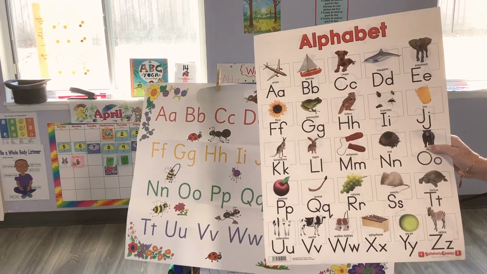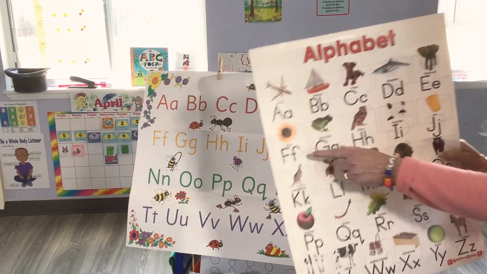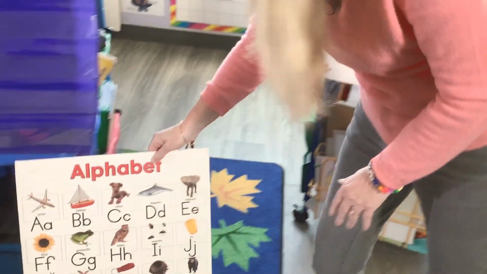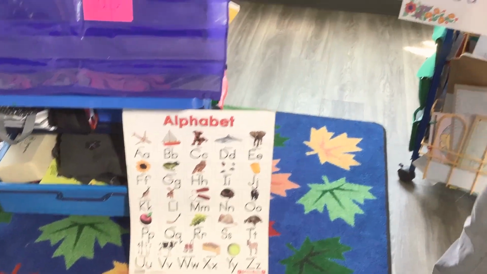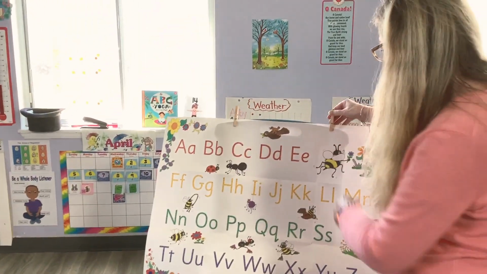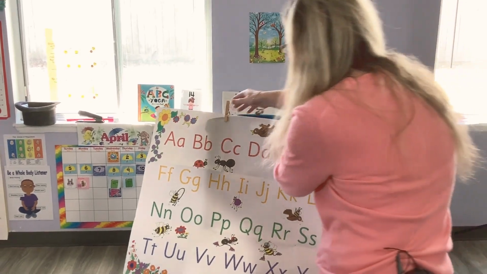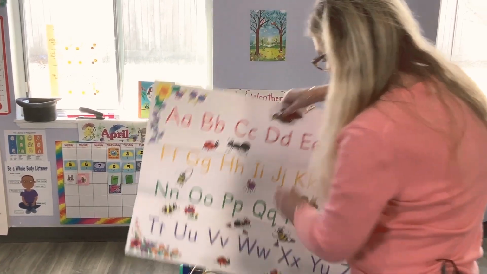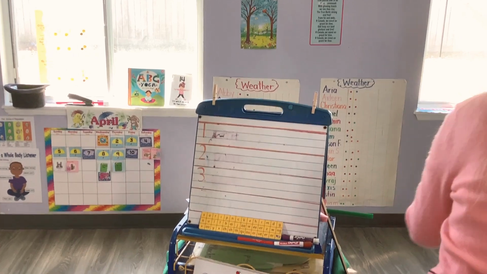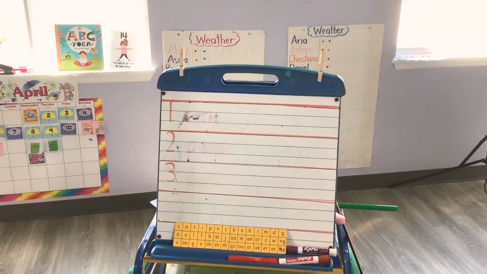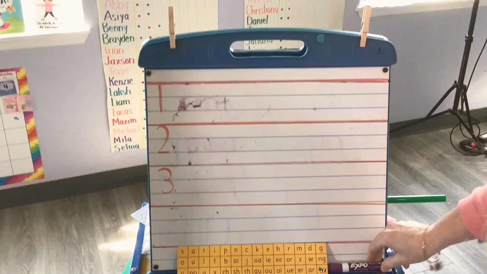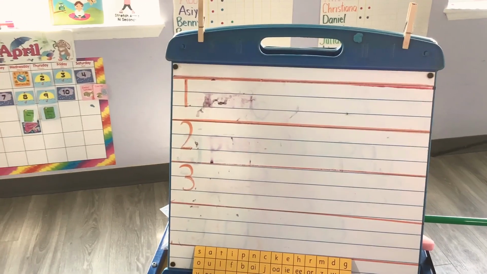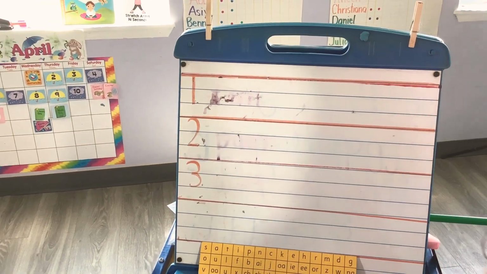So you might need a chart handy when you're doing it to help your brain, because there's a lot of sounds to remember. Because I'm not going to just pick words that we did today. I'm going to pick different words. So I've got my board here too. And I'm going to say the word, then I'm going to wait a minute and let you print it, and then I'm going to print it and you can see if it's the same.